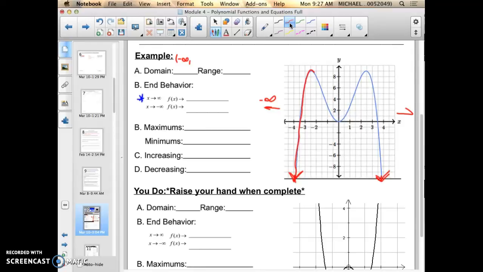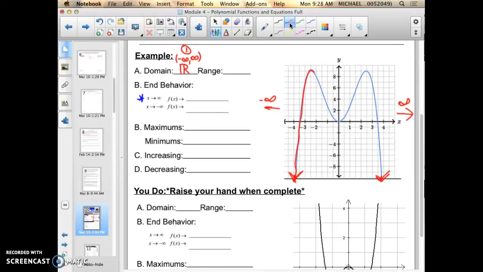To the right forever is positive infinity, so I'll write positive infinity for the rightmost point. Now that's the first way to write that, but because negative infinity to positive infinity is technically all real numbers that exist in this function, I can use this symbol as well.